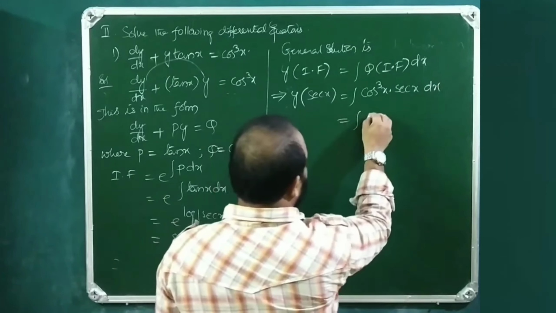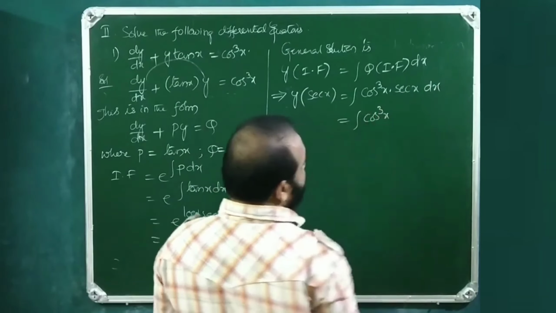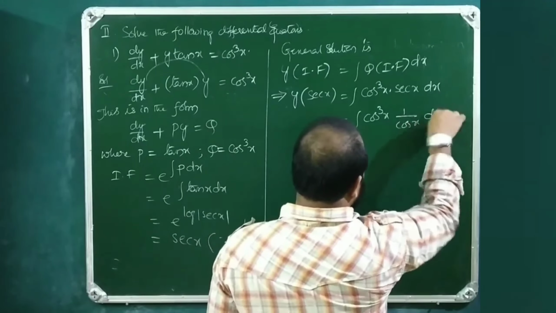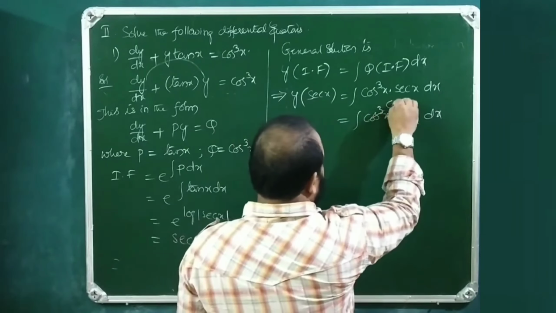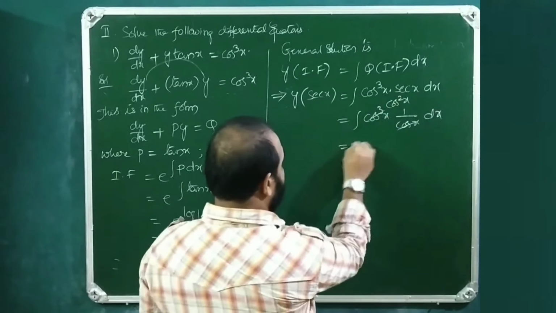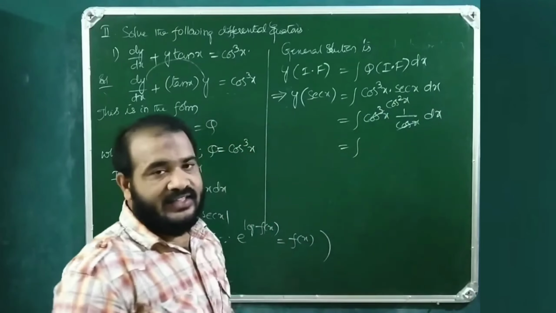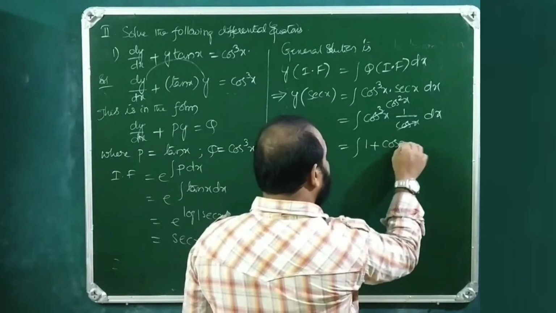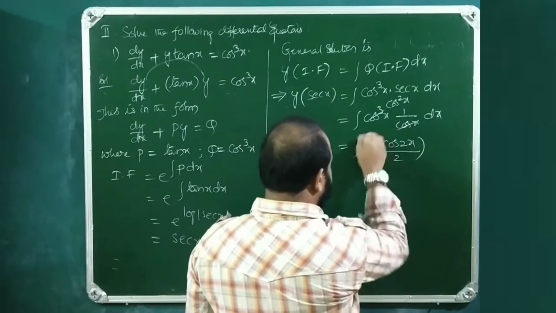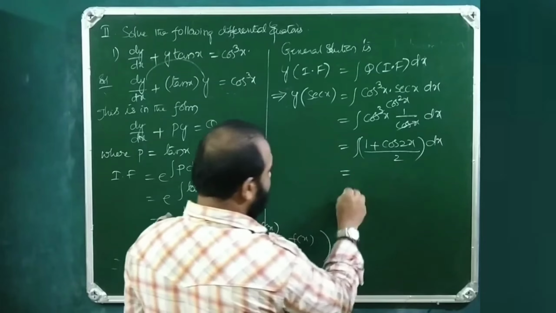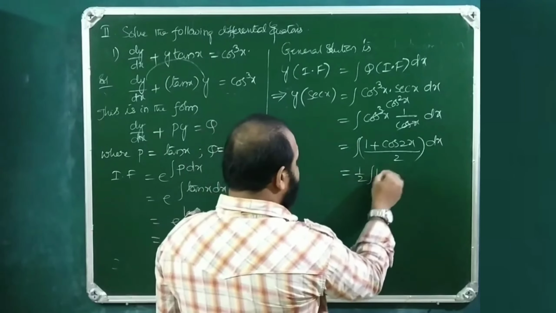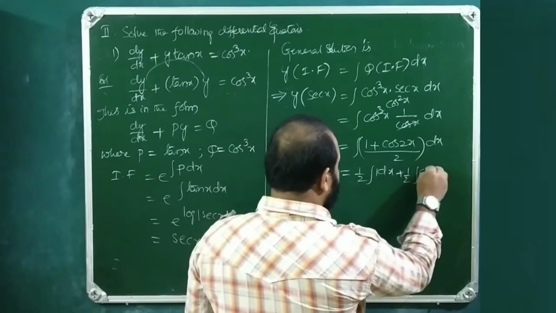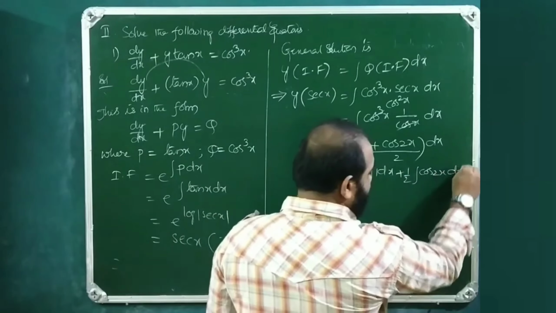Secant x can be written as 1 by cos x, so this is integral cos square x dx, which we don't know directly, but cos square x can be written as 1 plus cos 2x by 2. This is equal to 1 by 2 integral 1 dx plus 1 by 2 integral cos 2x dx.